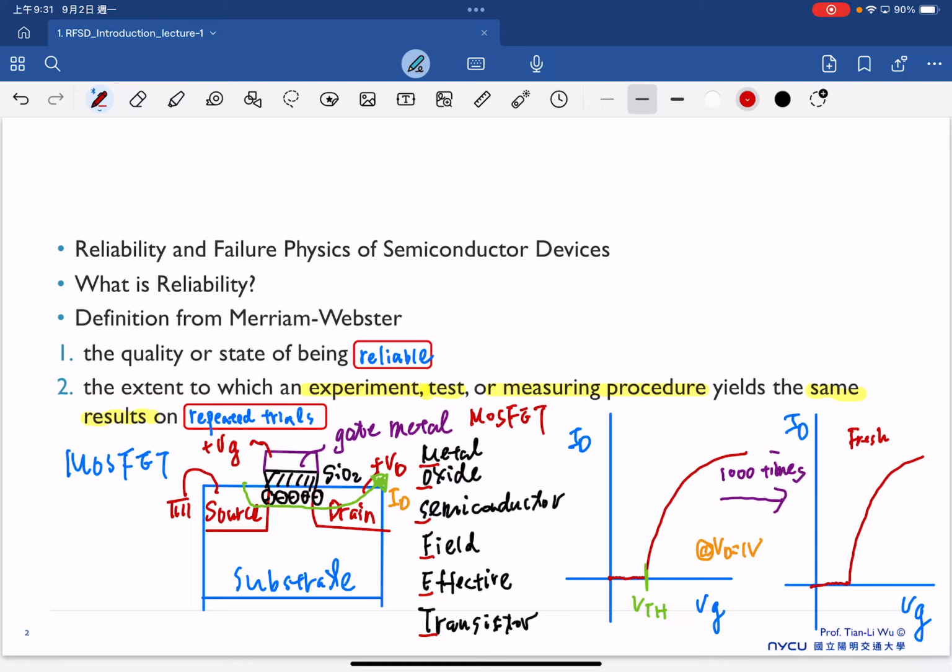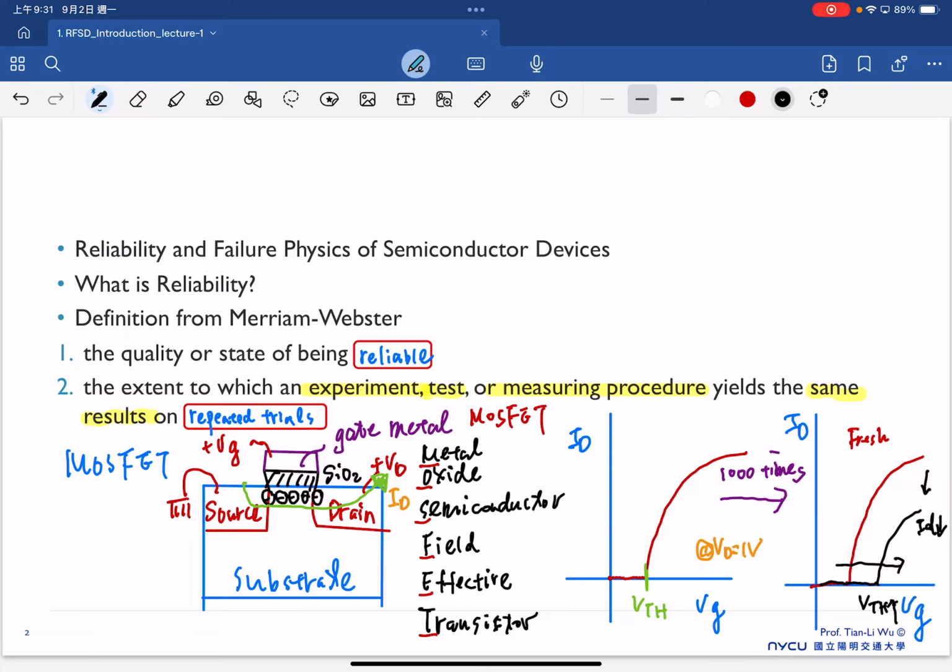So that means once you have a fresh device and you operate 1,000 times, it's very common to see the curve start to shift to the right-hand side, just like here. And then we can see our threshold voltage is increased and our drain current is decreased. So that's the reliability issue.